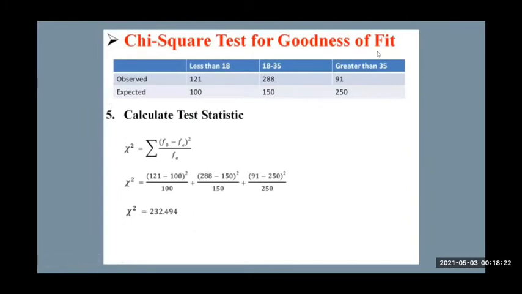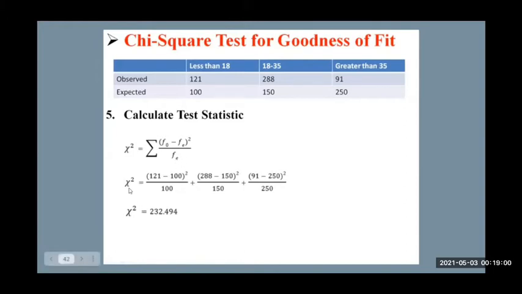Now let's start to calculate the test statistic. So this is our formula. X squared is for the chi-square test, and then the sigma, the summation once again. This one is the frequency of the observed data, and this one is the frequency of the expected data. It will be squared and divided by the expected data.